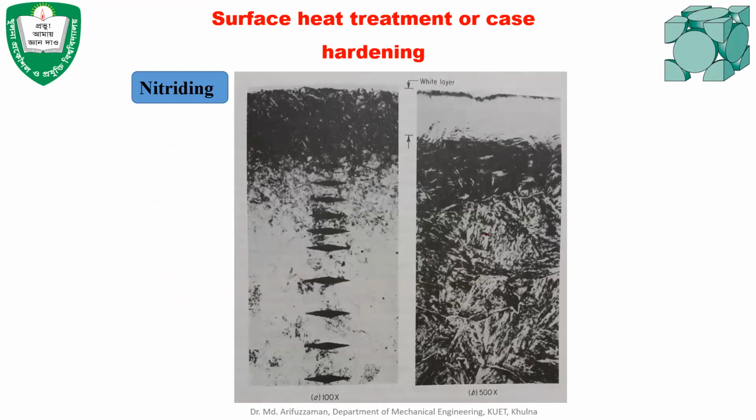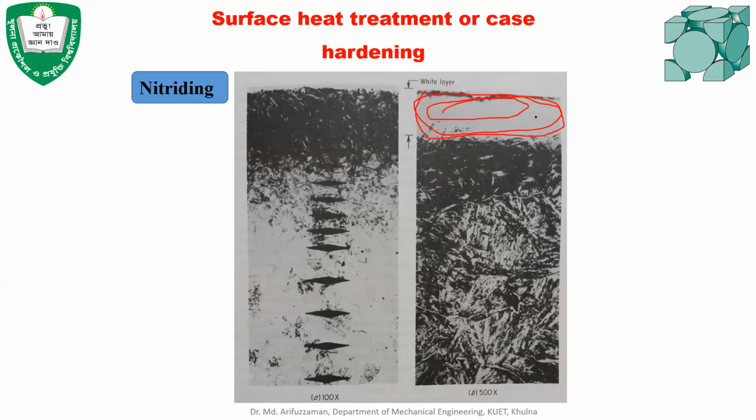So this is an example microstructure of nitriding. In the case of nitriding, what happens? An interesting thing that occurs is that when you expose the steel to the nitriding environment, the nitrogen concentrates on the surface and a white layer is produced. That white layer is very brittle, because there is a huge amount of nitrogen in the iron structure.